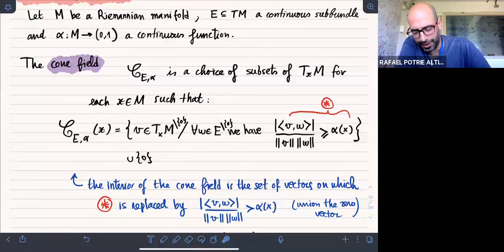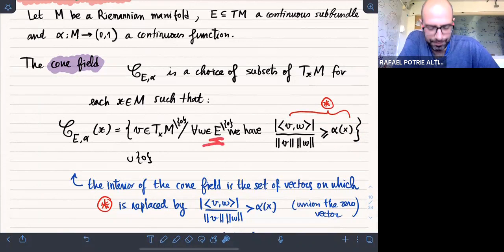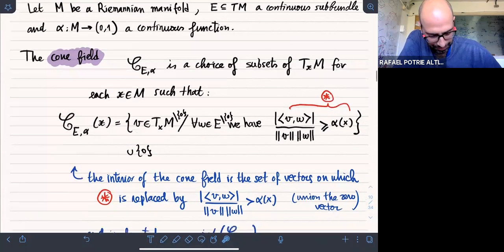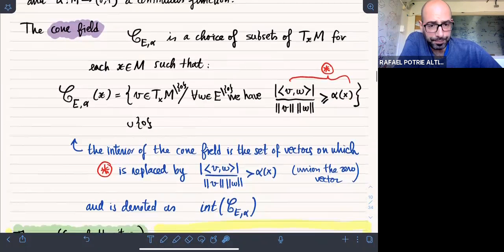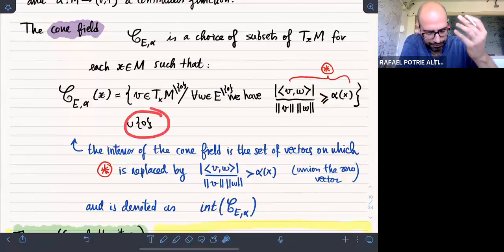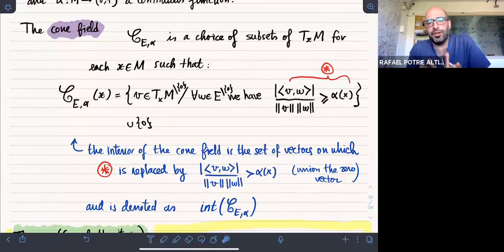Not angle, this is the cosine of the angle. So which are close enough to the bundle E, okay? And I will add 0 to add this vector, because 0 doesn't make sense here, since I'm dividing by the norm. And the interior of the cone field will be taking the strict inequality here and also adding 0. That's because if I don't add 0, then it's not invariant.